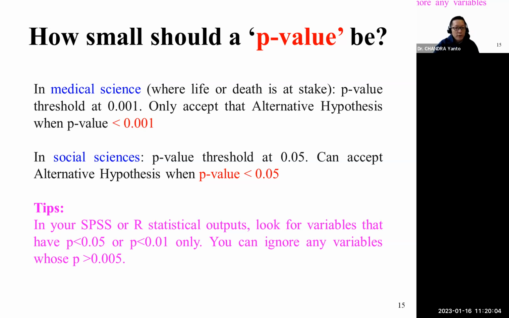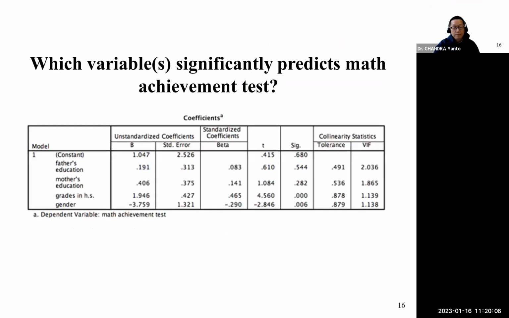And you can look at this value from the SPSS or R output after you run it in the analysis. So for example, if you want to know what factors predicts the mathematics achievement test of students in primary school, right? And so that is math achievement is your dependent variable, right? Remember we talked independent and dependent.